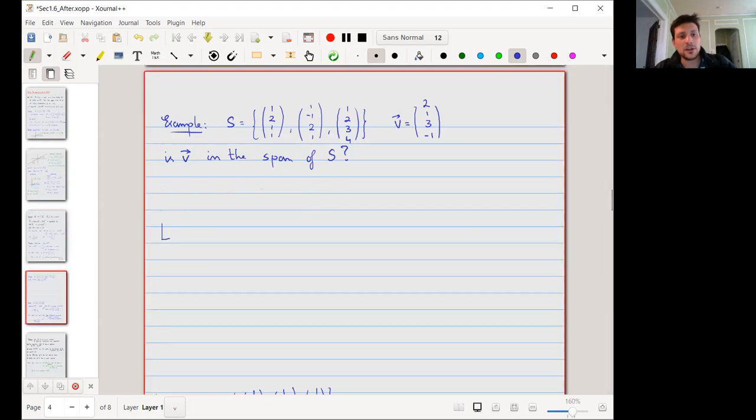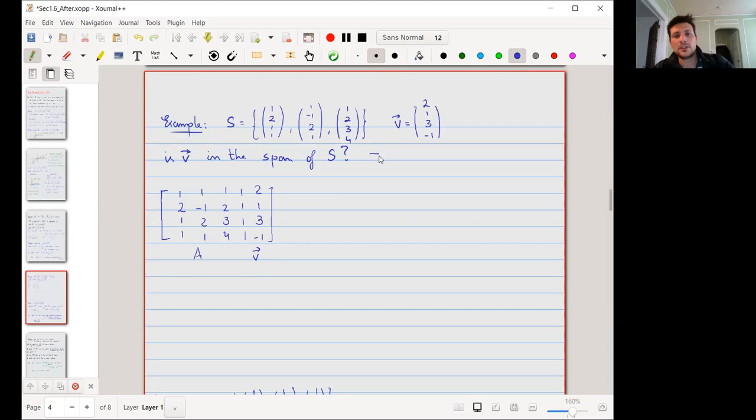If I set up a matrix A whose columns are the columns coming from the given 3 vectors, 1, 1, 2, 3, 4, and then let me augment it already with the vector v. So I'll call this A and this is v.